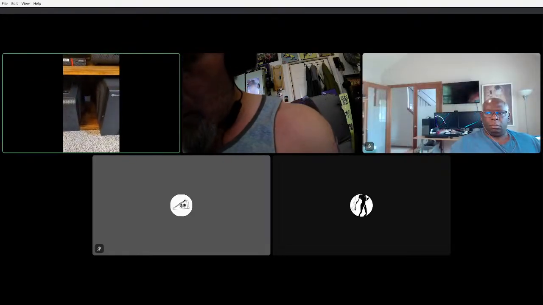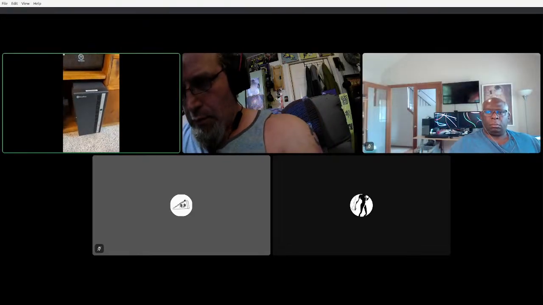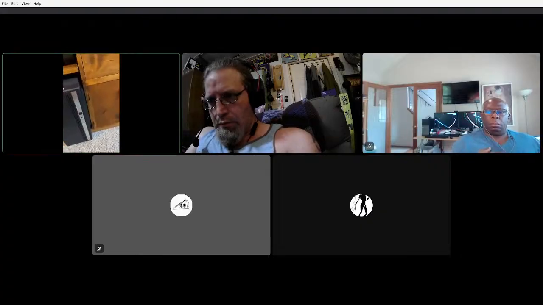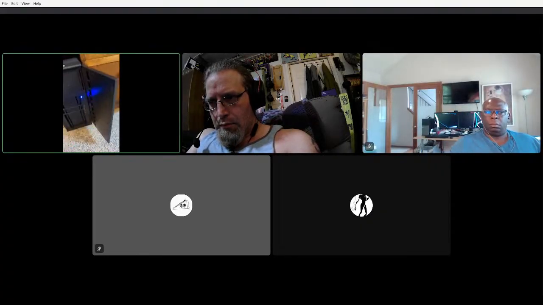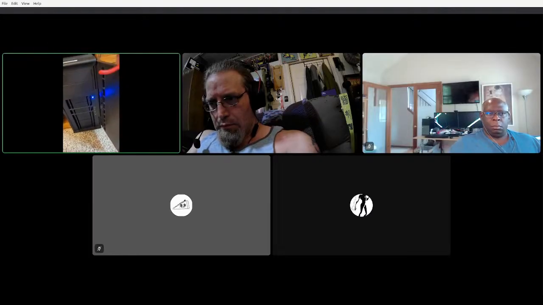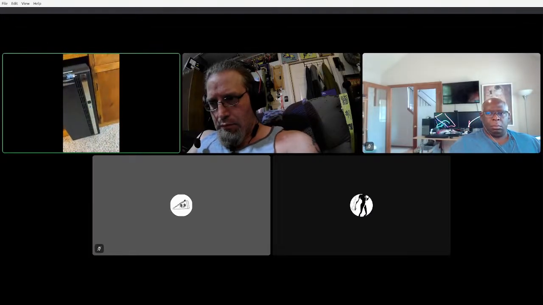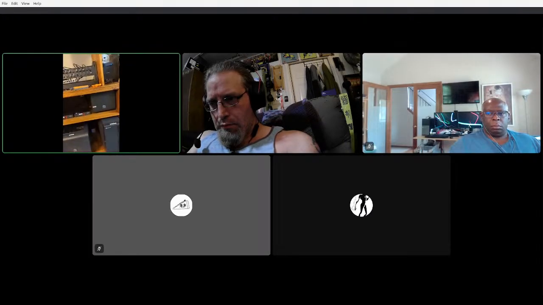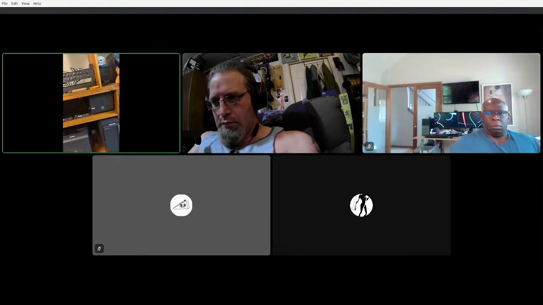There's my cable modem. And then that is my, where's the door? Door's on this side. That's my storage server. And I've got four drives in there, 4 terabytes, but they're in 2 mirrors.